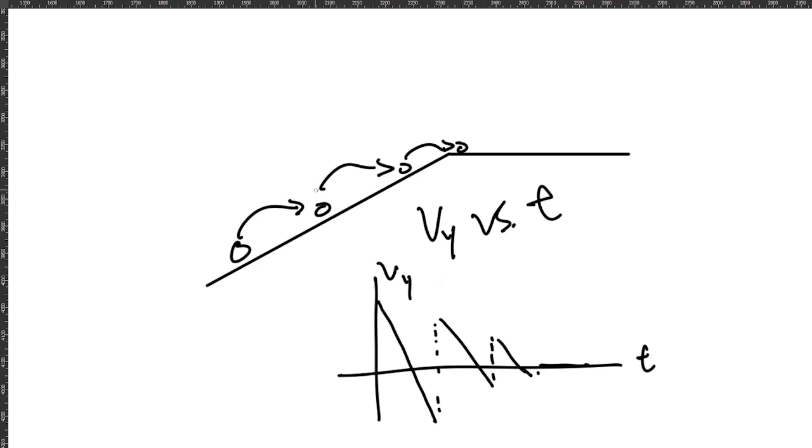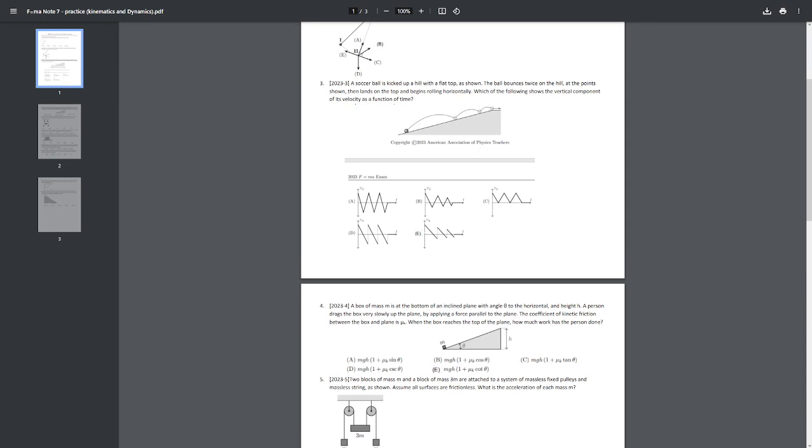Okay, this is simple. Vy is going to be lower once it bounces up. You see how it's higher up? That means the vertical velocity is going to be slightly lower. Once we swap, it's almost like cutting it off halfway and then starting up again. And so that's going to give us option E.